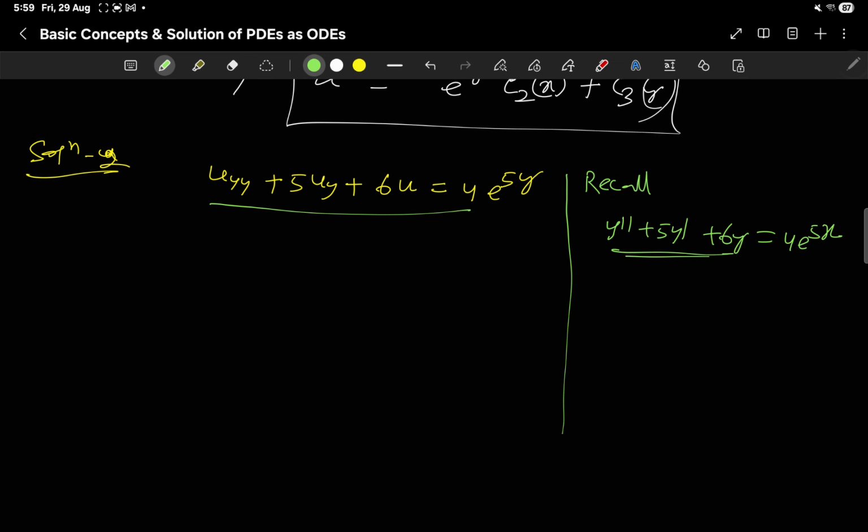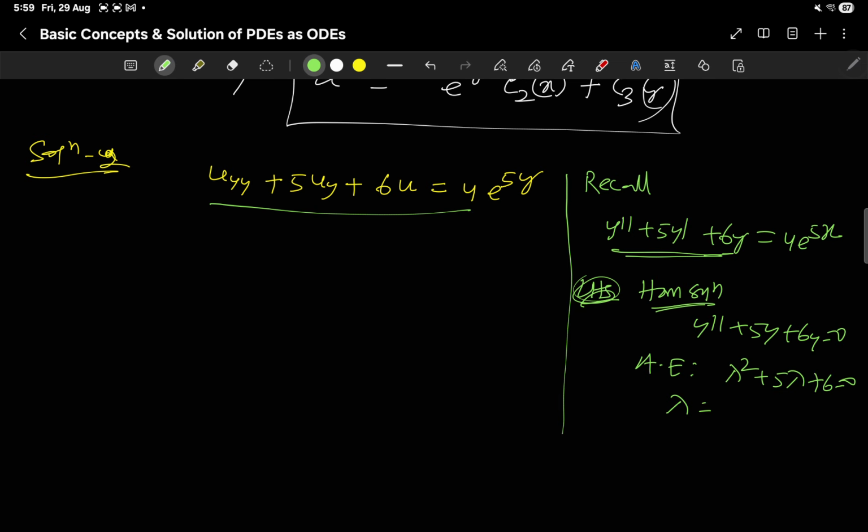Okay, then for the homogeneous solution, y double dash plus 5y dash plus 6y is equal to 0. So what is the auxiliary equation? Lambda square plus 5 lambda plus 6 is equal to 0. So what is my lambda? It is minus 2 and minus 3. What is my y homogeneous? It is c1 e to the power minus 2x plus c2 e to the power minus 3x.